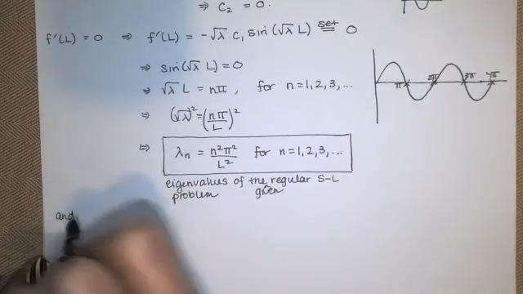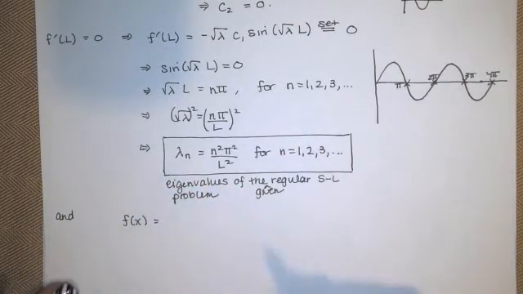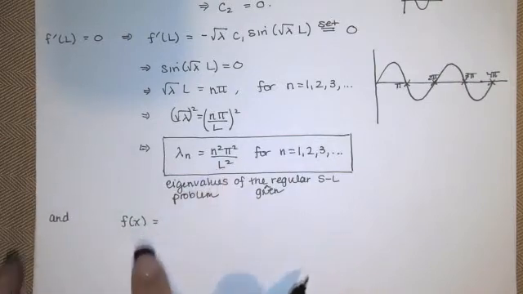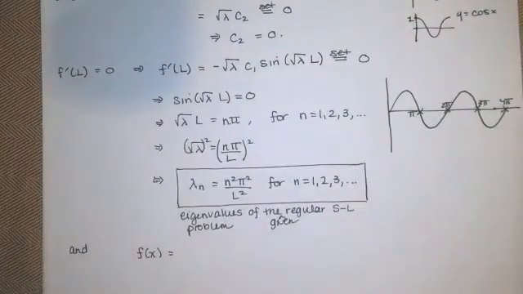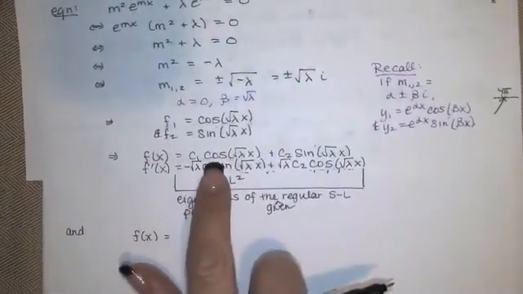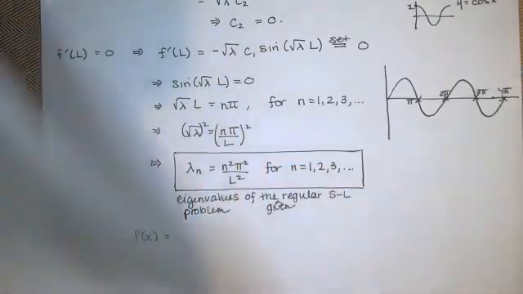And then the corresponding eigenfunctions come from taking these lambdas that you just found and substituting them into the form of the solution to the differential equation. And the form of the solution that we were looking at, where is it? Is right here. Now, remember, we've just found that C2 is 0.